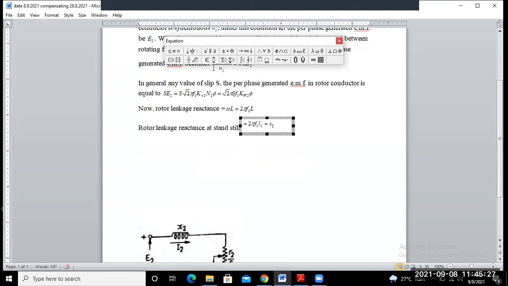So what is the rotor leakage reactance at any slip S? That is simply multiplying by the slip here, so this becomes S X2.